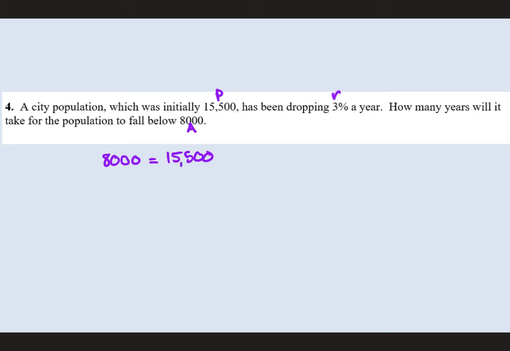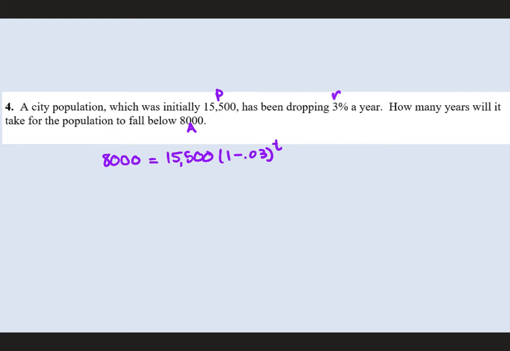And so this is a little bit different one. This is the one where we have to use the percent. So we go 1 minus 0.03, and we're trying to figure out how much time this takes. All right, so we'll do some little calculations here. So 8,000 divided by 15,500.